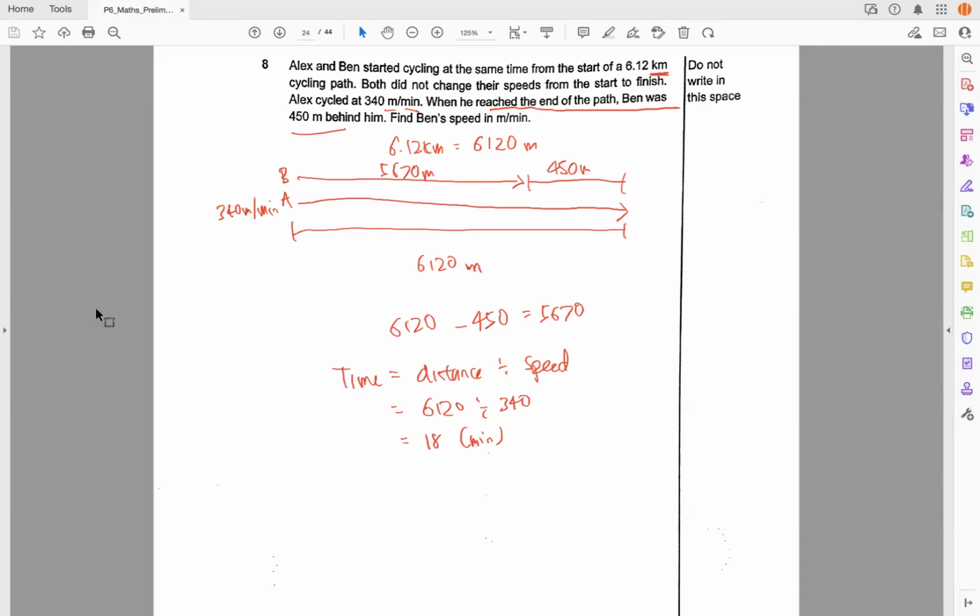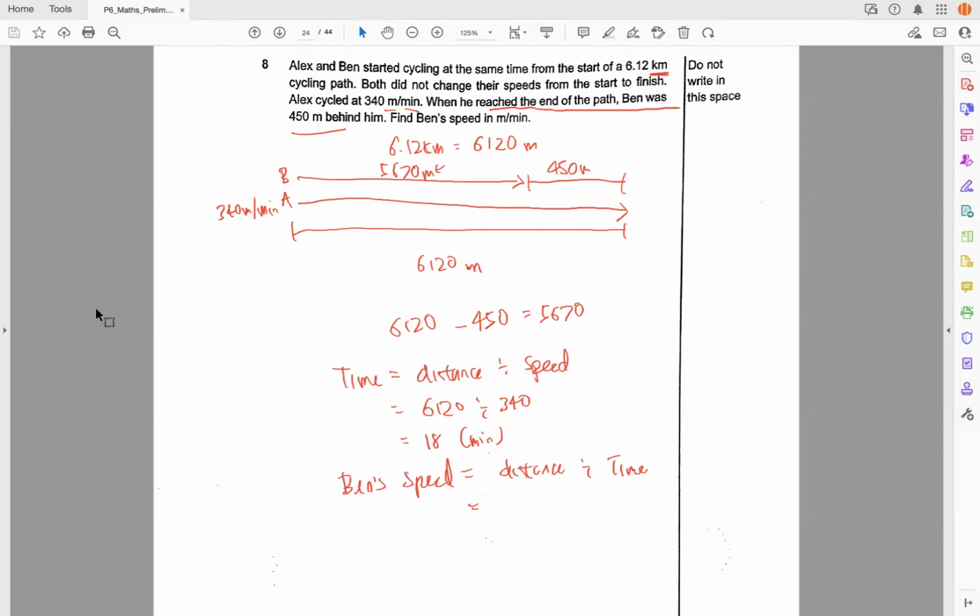So 18 minutes is the time taken for Alex to complete the journey, which is also the time taken for Ben to complete 5,670 meters. So Ben's speed will be equal to the distance traveled by Ben divided by the time taken by Ben to travel that distance.